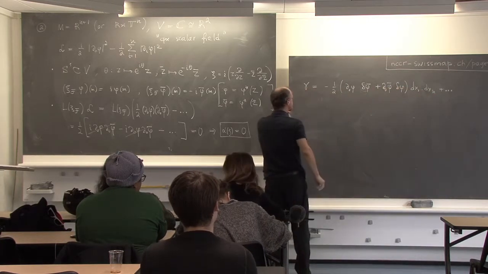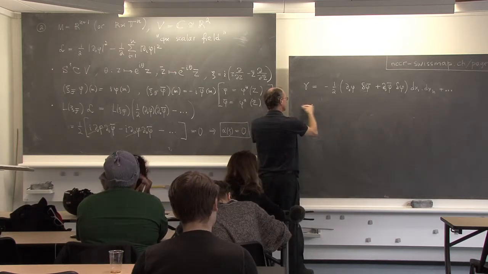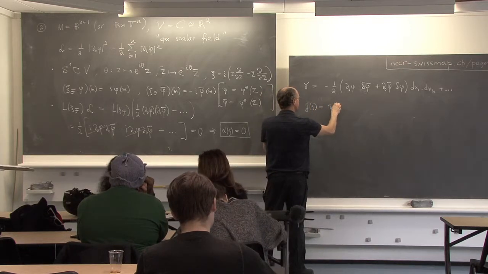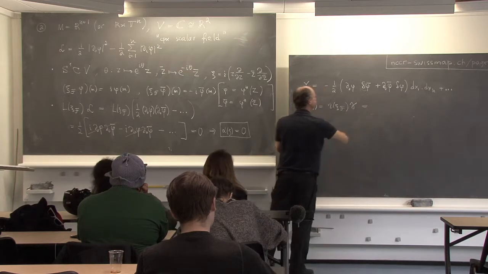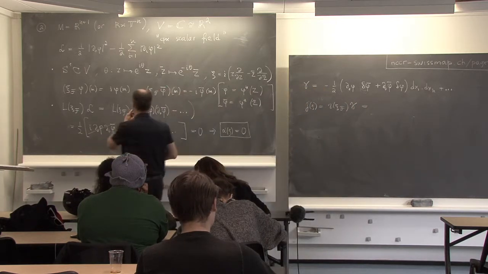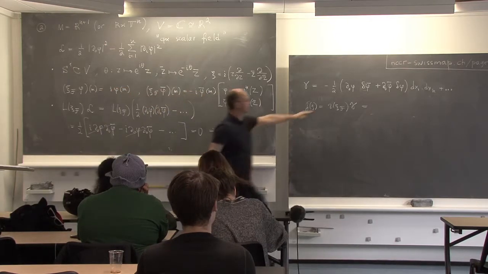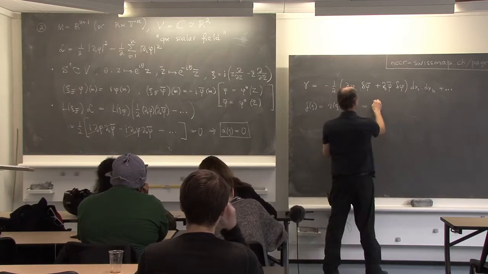So now j of xi is simply iota of xi f gamma. Fortunately, that's a very simple computation, so I'm simply applying it to those delta phi's.